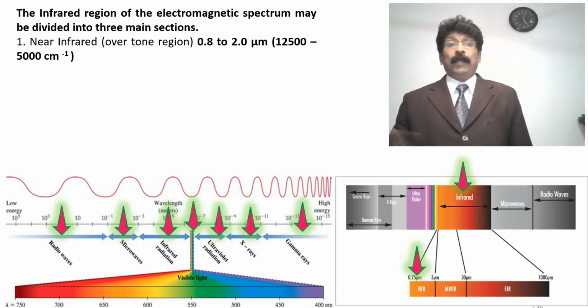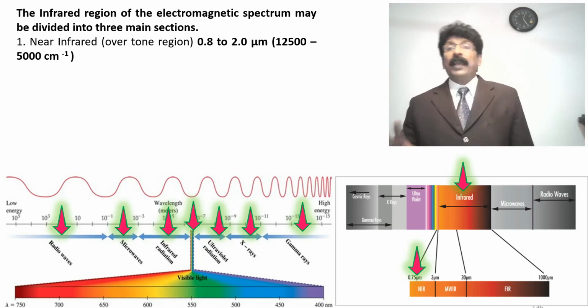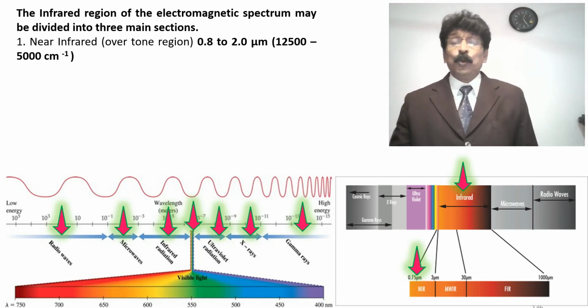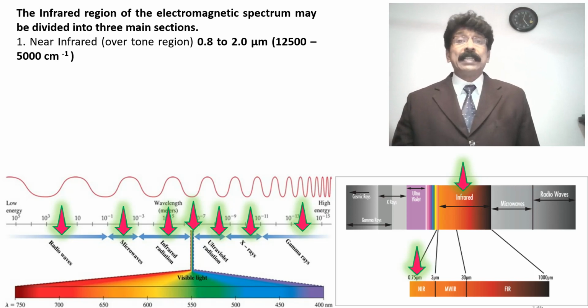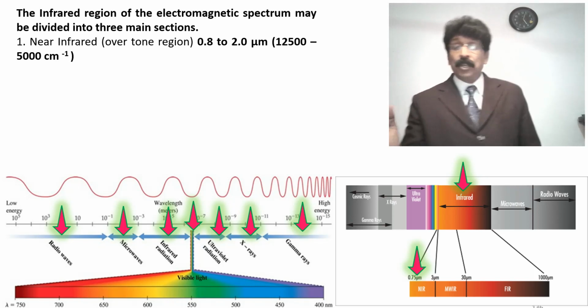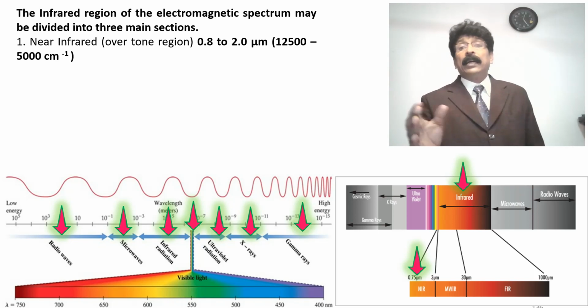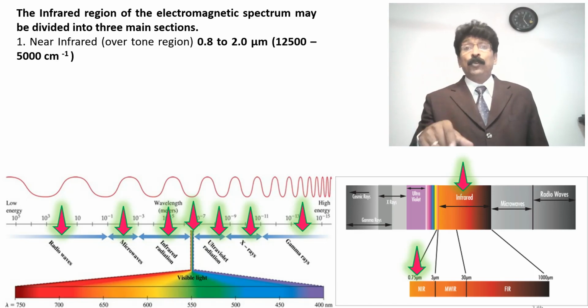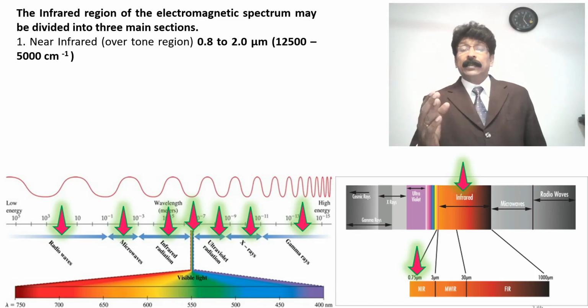The micron means the infrared measurements can be done, 12,500 to 5,000 centimeter inverse. We are always telling in the other means, that is centimeter inverse.